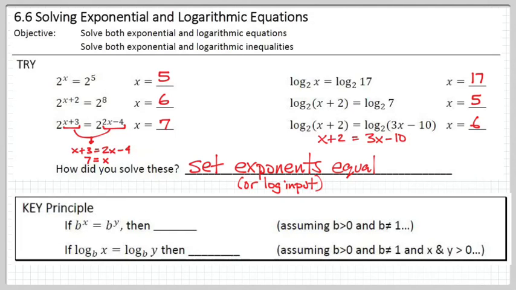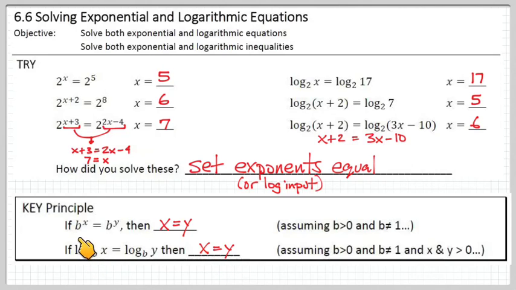So the key principle here is the following: when you have an equation that looks like b to the x power is equal to b to the y power, then you know that x is equal to y. And similarly, when you had log base b of x is log base b of y, then you could also say that x is equal to y.